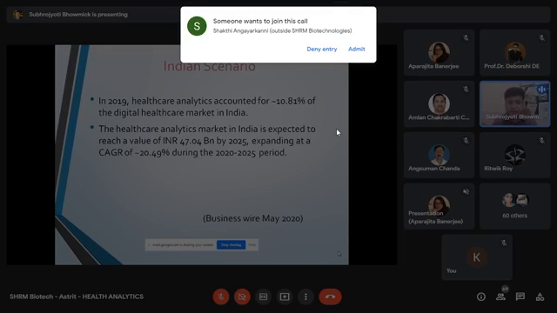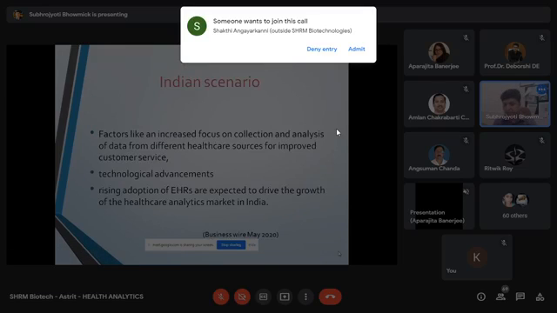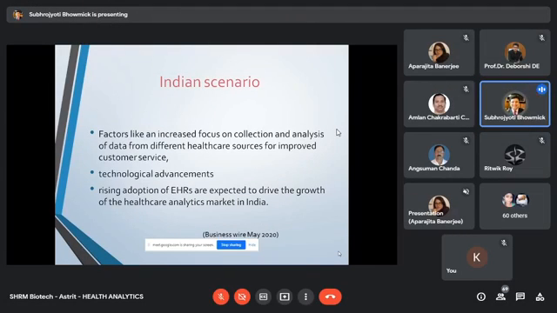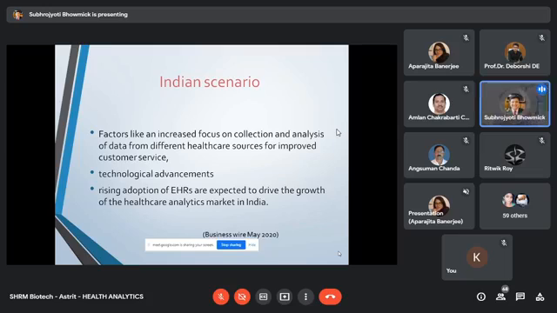There is a huge expansion happening in this field. So courses like this definitely have takers. The reason this is expanding is an increased focus on collection and analysis of data from different healthcare sources for improved customer service, and we are ourselves doing it.